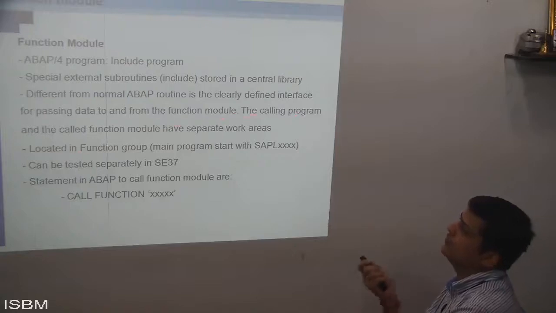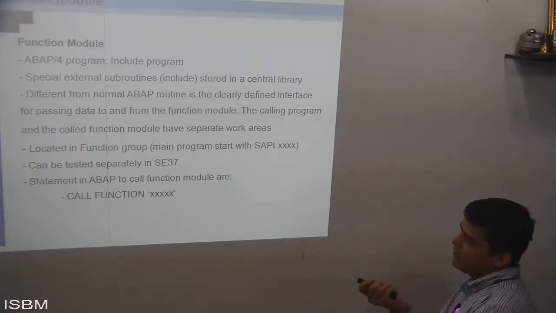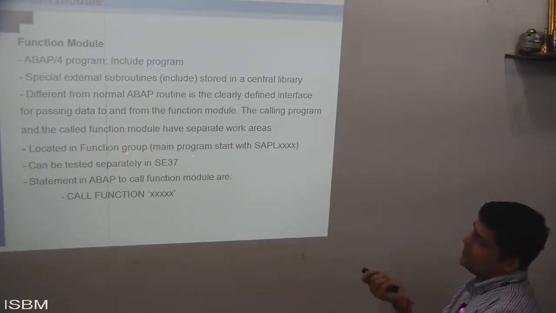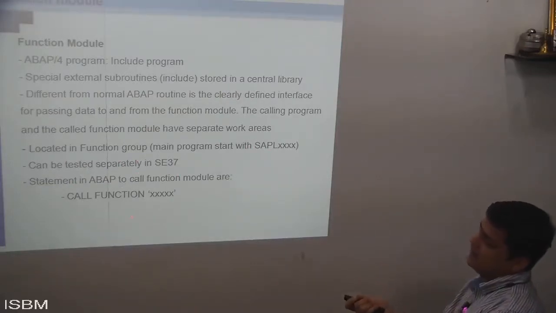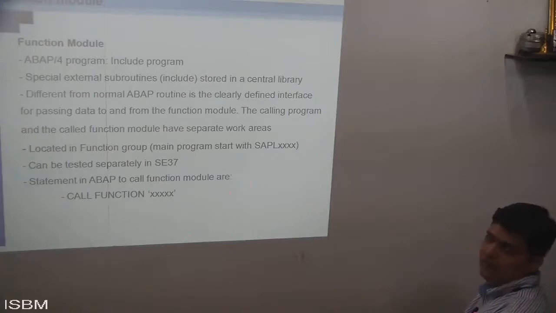The calling program and the called function module have separate work areas. It is located in a function group, whose main program starts with SAPL, XXX, and can be tested separately in SE37. The ABAP statement to call a function module is CALL FUNCTION followed by the function module name.